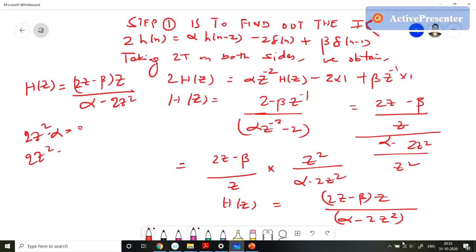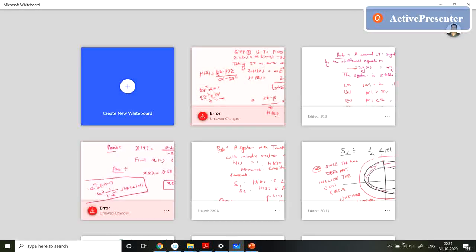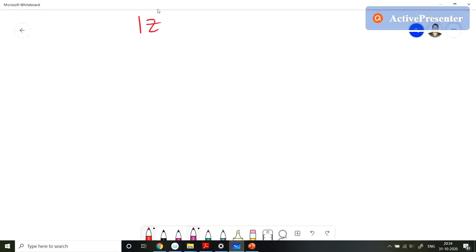So 2z square is equal to alpha, z square is equal to alpha by 2, so z is equal to plus minus root of alpha by 2. So modulus of z is equal to modulus of alpha by 2. This is the pole. For stability, modulus of z should be less than 1, which means modulus of alpha by 2 should be less than 1, which means alpha is less than 2.